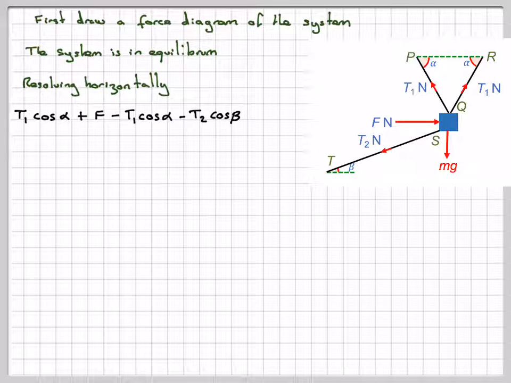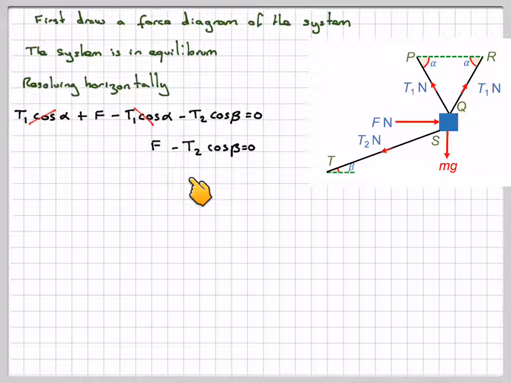Obviously the T1 cos alphas will cancel, that's equal to 0 because it's in equilibrium. So you're left with F minus T2 cos beta is equal to 0. We'll call that equation 1.